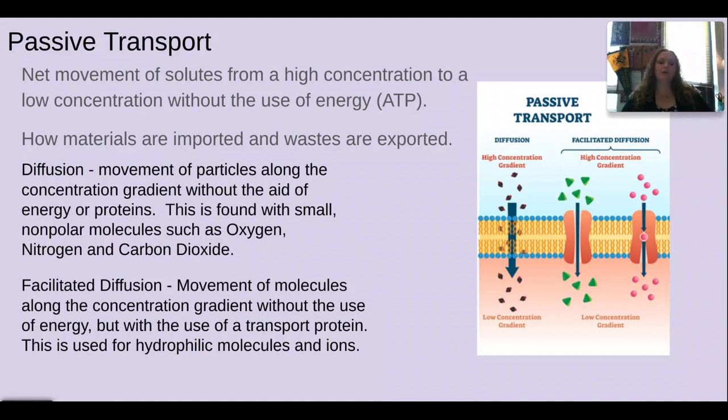But in this case, we're going to use transport proteins of some type, either some type of channel or just some type of protein that's going to help get through this membrane. And that's why we call it facilitated diffusion, because it requires help.